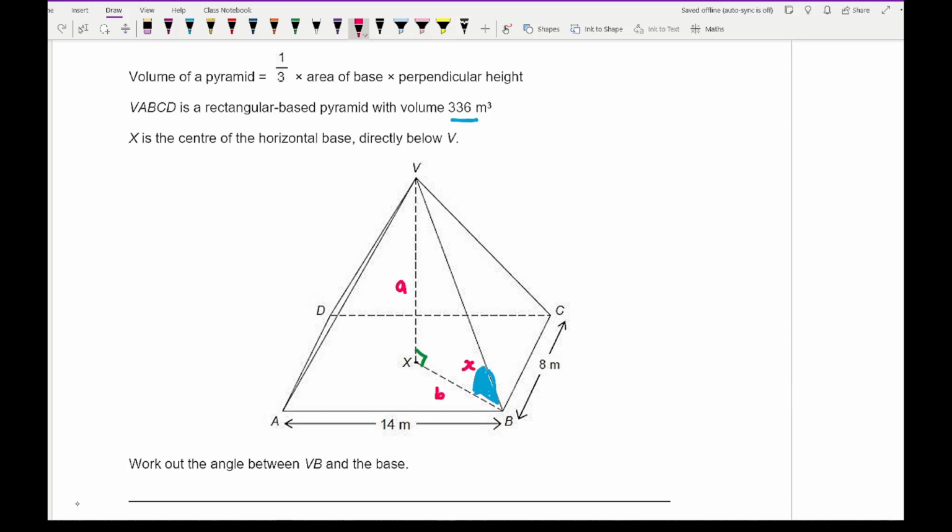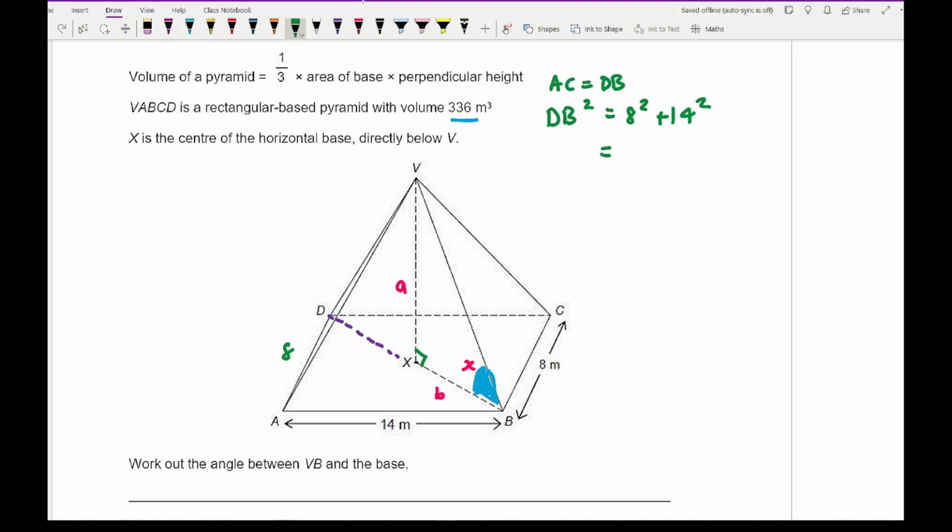Here what we need to do is use Pythagoras to work out what DB is going to be. You could go in the opposite direction and work out AC, so AC equals DB. DB squared equals 8 squared plus 14 squared.